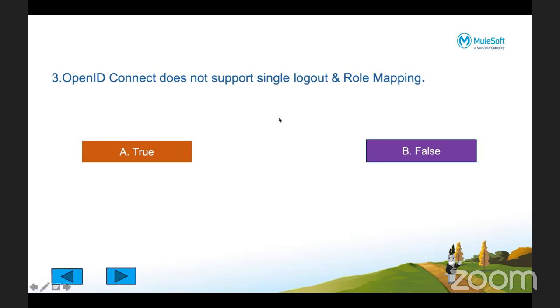That is what single logout does, and role mapping is something which we have seen earlier. OpenID Connect does not support role mapping, and SAML supports role mapping. We have seen earlier how we created roles in Anypoint platform, and we tried to map these roles from IDP to Anypoint platform. So SAML supports single logout and role mapping, but not OpenID Connect. So the answer is true.